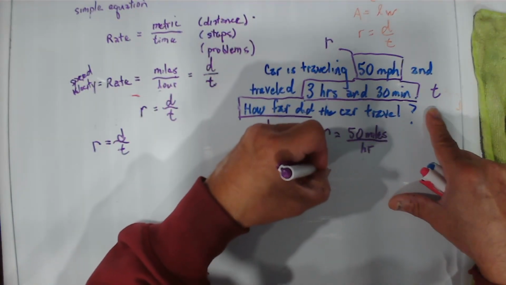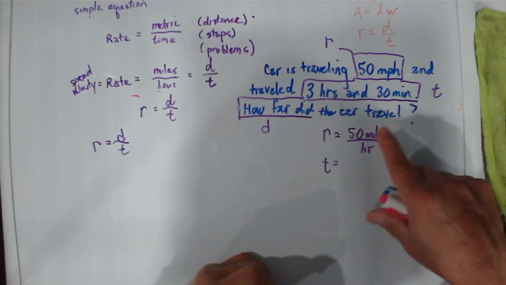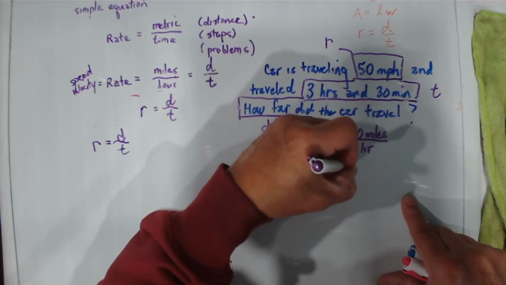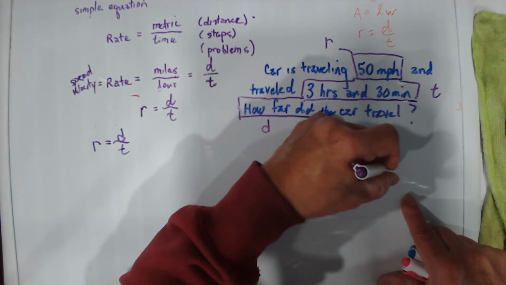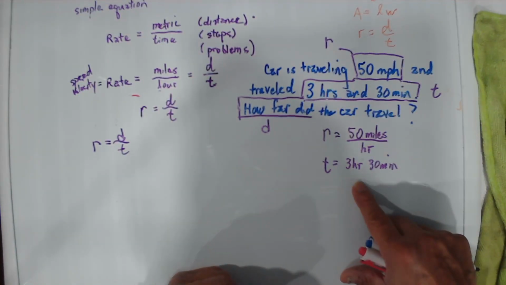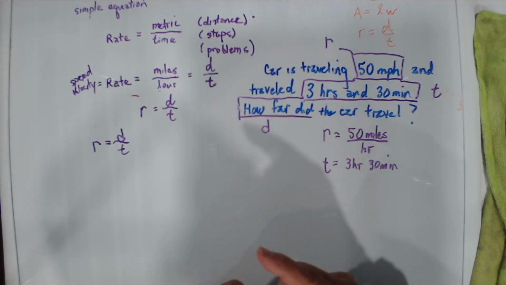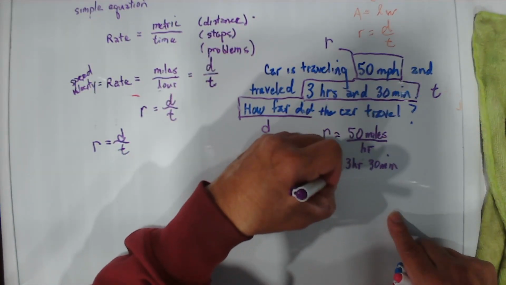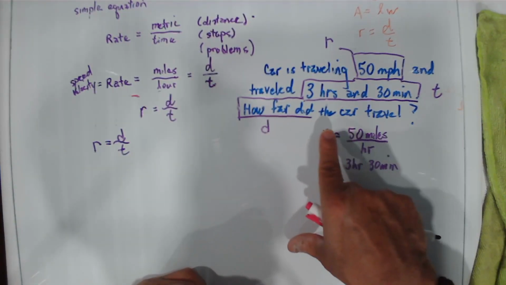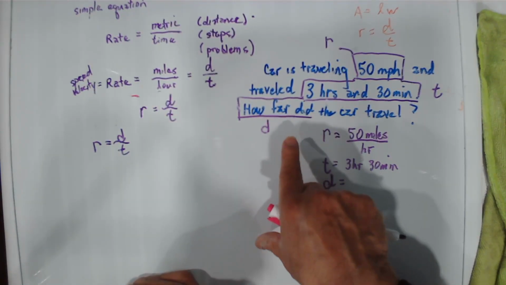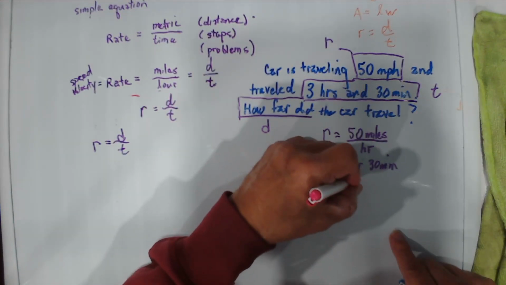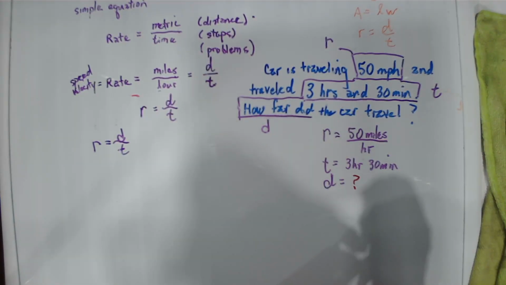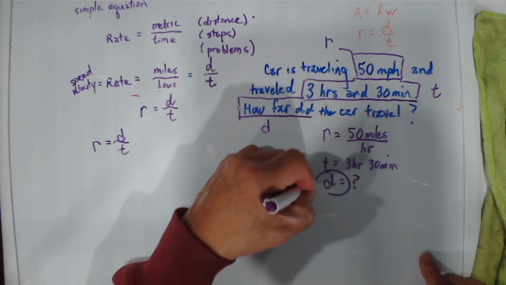T is equal to 3 hours and 30 minutes. Okay, we know that one. And D, well, D is equal to, they didn't tell us what D is. So we need to find out what D is. So that's our question mark. So we need to solve for D.